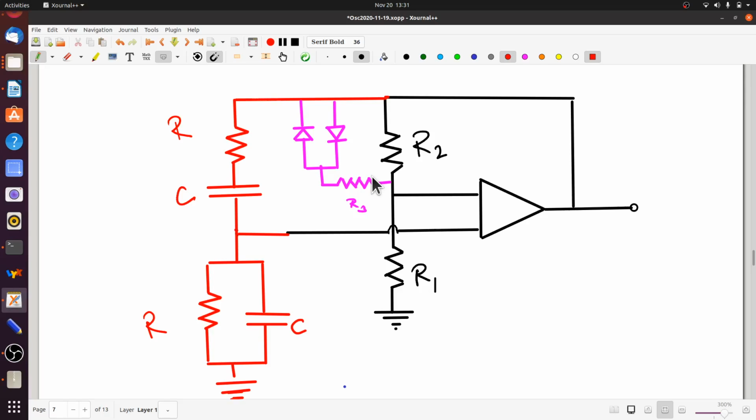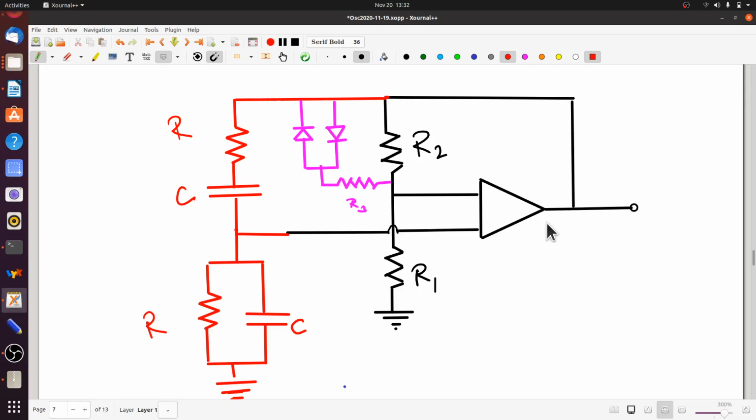So how does this amplitude limitation work? Well, if the output is too tiny, then a fraction of the output is going to drop across R2, and that fraction would be too small to make the diodes cut in. Remember, a PN junction diode takes around 0.6 volts to cut in, to begin conducting current.